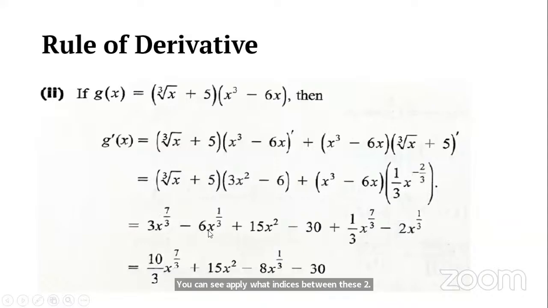So if you're applying indices in between, then you have into bracket negative 6 minus 2 bracket close s exponent 1 over 3.